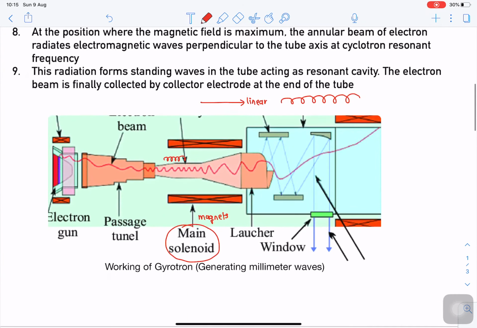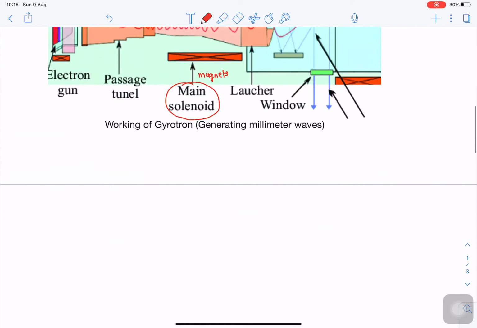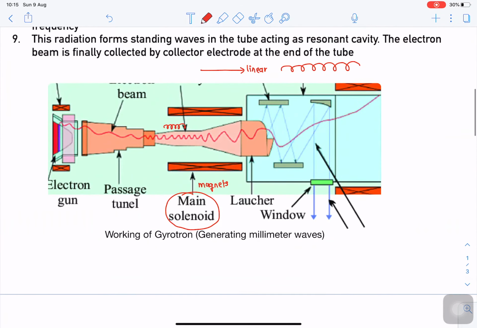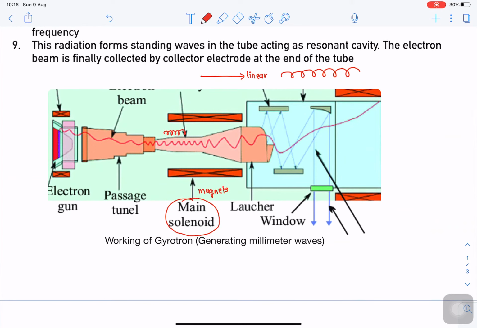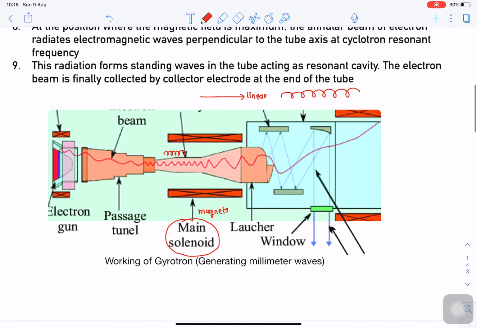Here the main working principle of the gyrotron tube is how this particular tube is able to generate a very high frequency, millimeter wave level signal. A specialized process, the interaction of the magnetic field with the cyclotron motion of the electrons, is utilized.